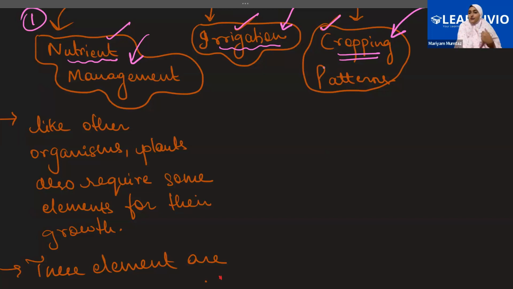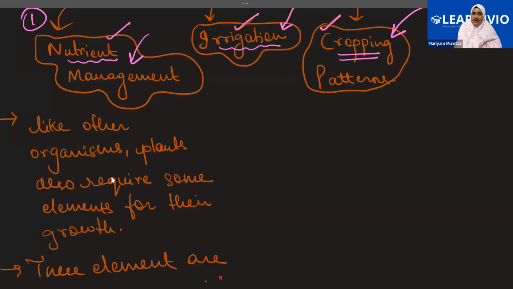Then the plant will take up more nutrients, grow better, survive better, and will not get affected by any kind of disease or pathogen very quickly.